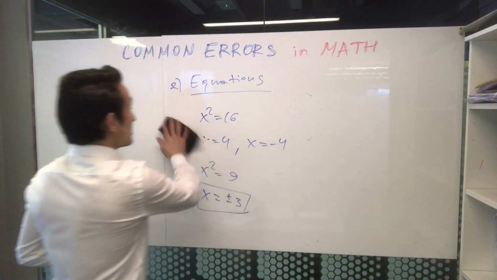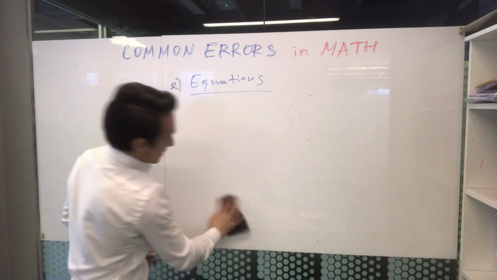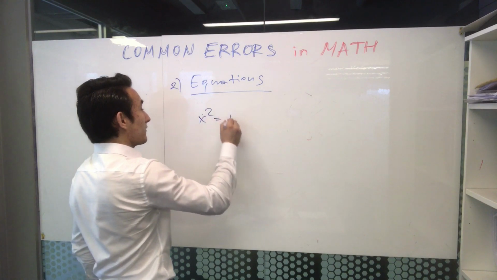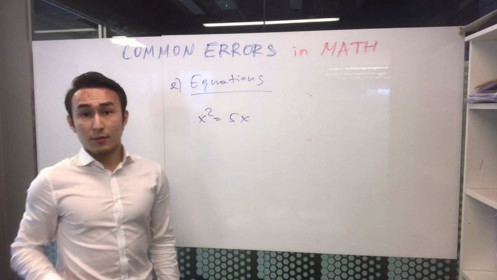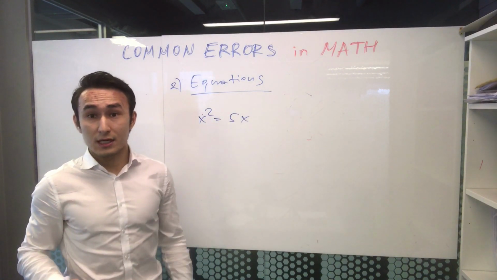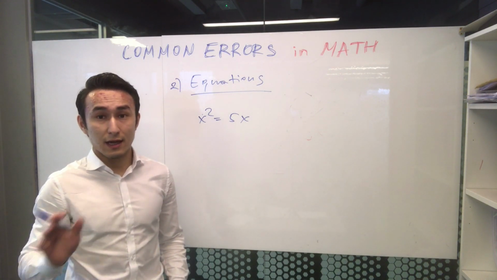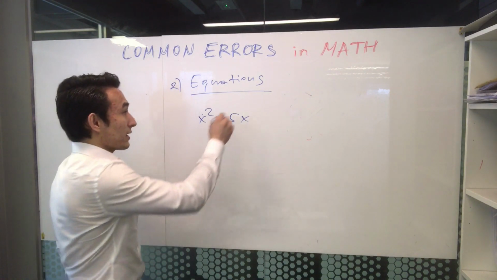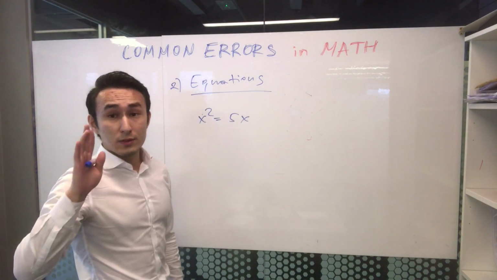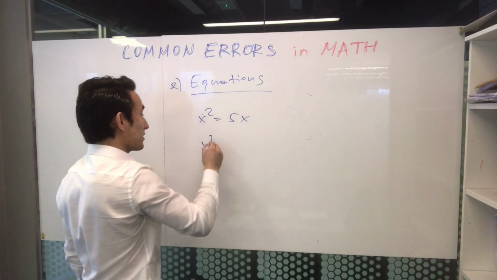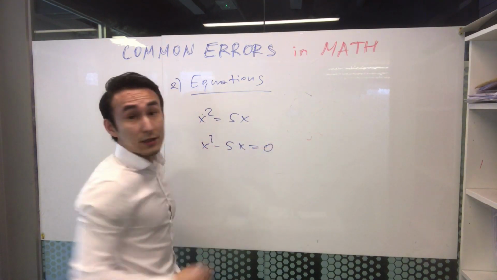Now, equation number 2 that you might make a mistake in is x squared is equal to 5x. Now some of you might cancel out the x's on both sides, but we cannot cancel out the x's. What we need to do instead is bring this 5x to the other side. What this means is x squared minus 5x is equal to 0.